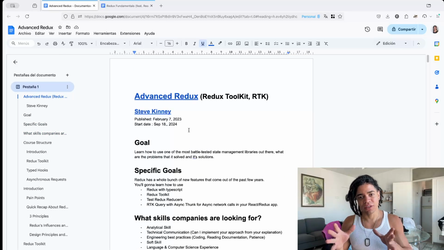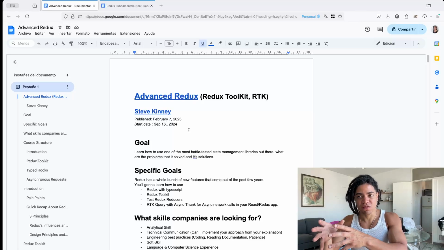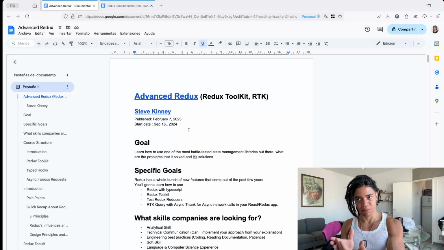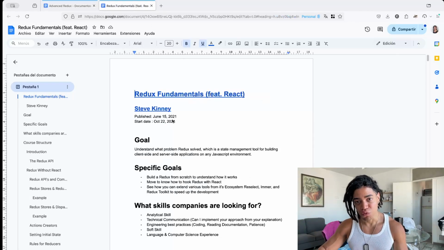The TLDR of this is that Redux now provides a convenient way, a middleware, something that we're going to talk about in today's video, that allows us to simplify some of the process that we have to do when we use plain Redux.